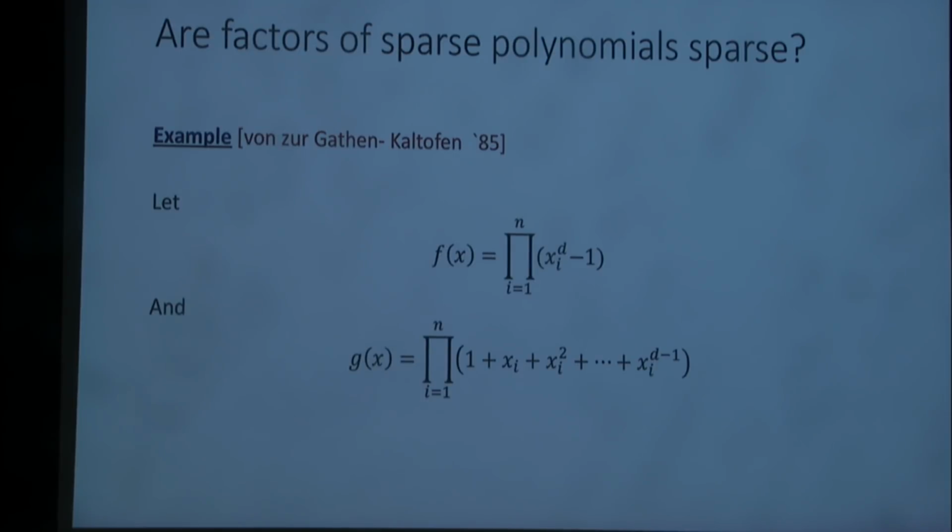It could be that over certain fields, sparse polynomials may have sparse factors, but over other fields they may not. So the field is a really important player in the background and for what might be true, though whatever results I will talk about won't use the field, which is somehow unfortunate. I think if it does use the field, maybe you can get much stronger results.